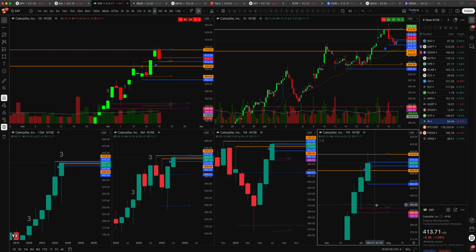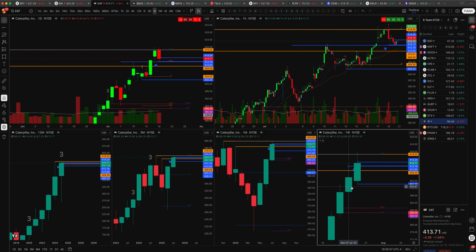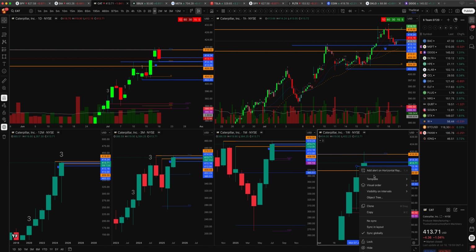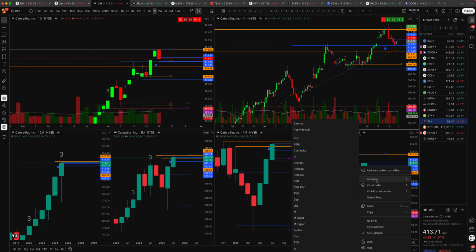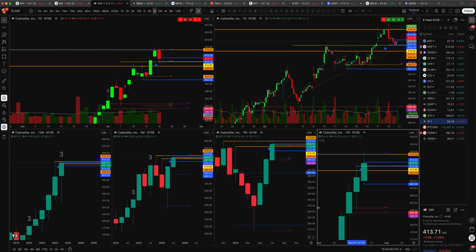Your trigger is down here, right? But in order for it to go 2 up, 2 down weak, by definition, it's got to break the previous week high, right? So let's say this week gaps down, and this becomes a reclaim level, right? So if we're going to go 2-2 weak, then it's got to reclaim this first, and then it goes 2-2 weak.